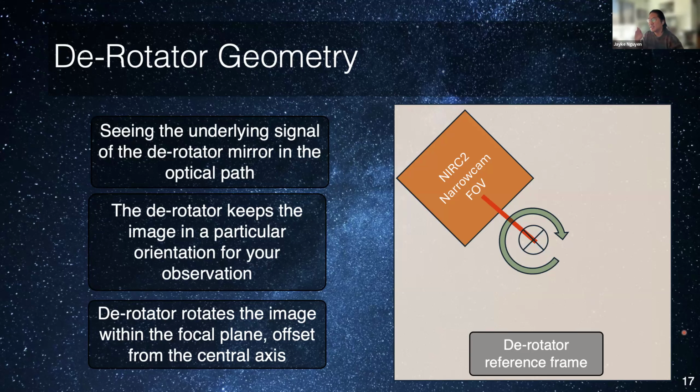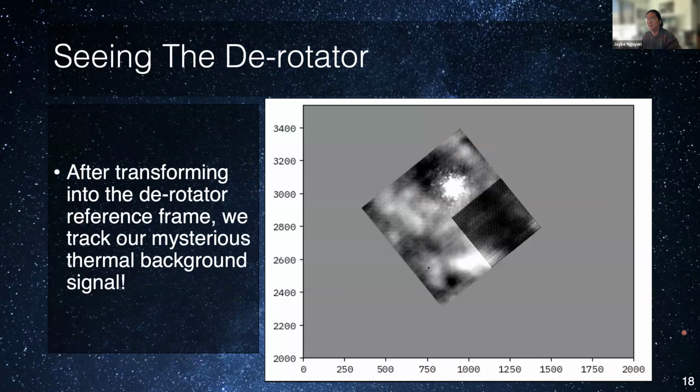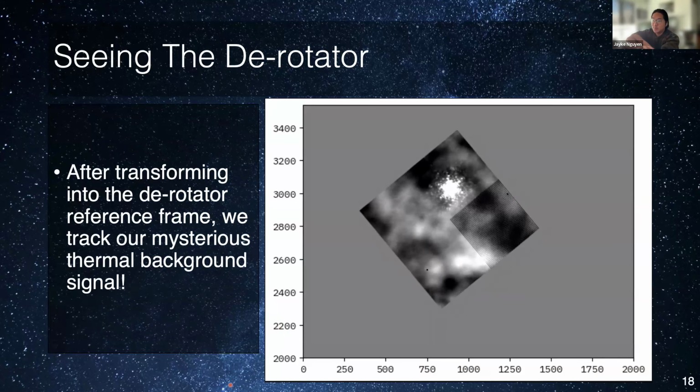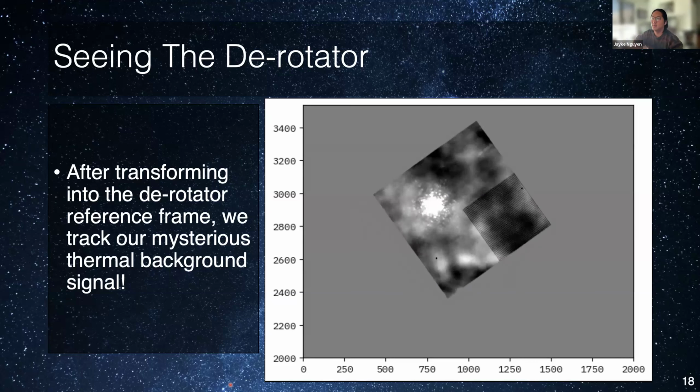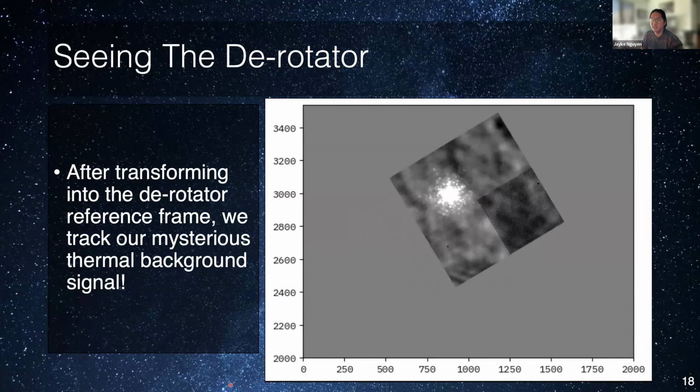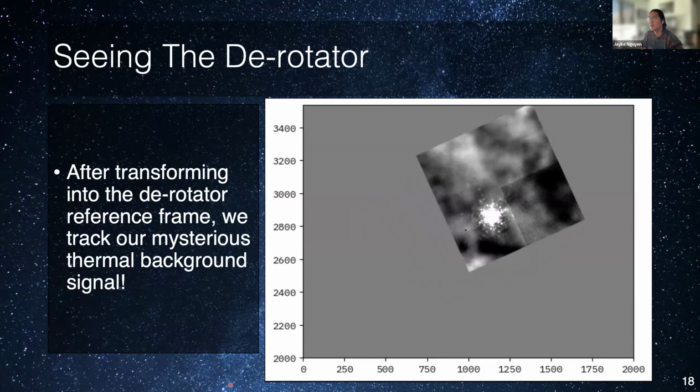But what's important is that the de-rotator, specifically on NIRC2, de-rotates using a translation and a rotation. So it wasn't abundantly clear, but if you take this translation and rotation of the de-rotator and you apply it to your frames, transforming into the de-rotator reference frame, you start to track this mysterious thermal background signal.